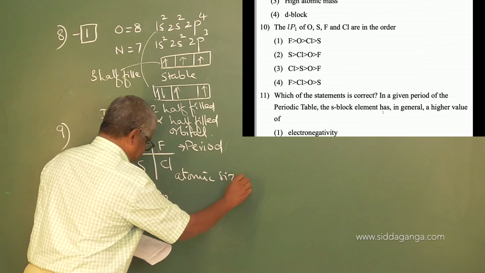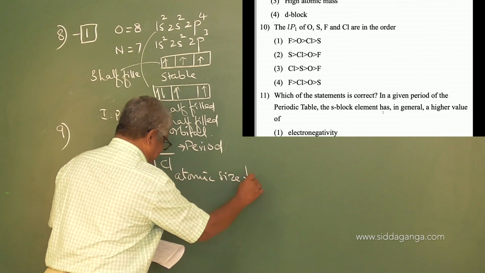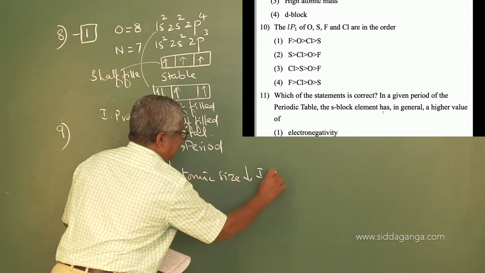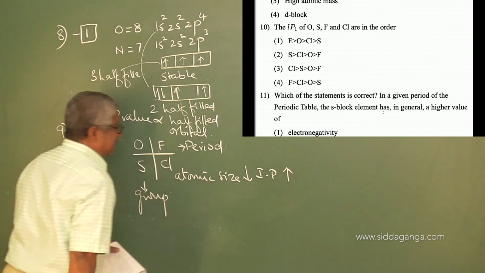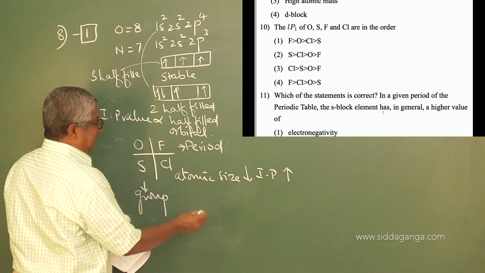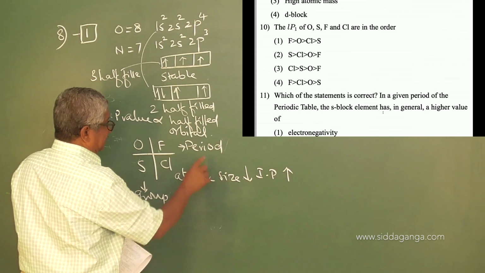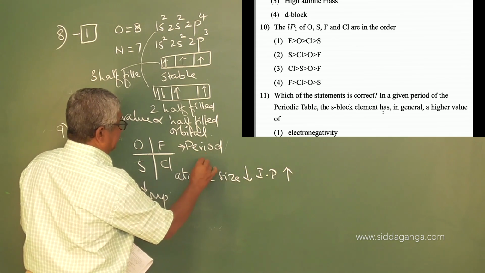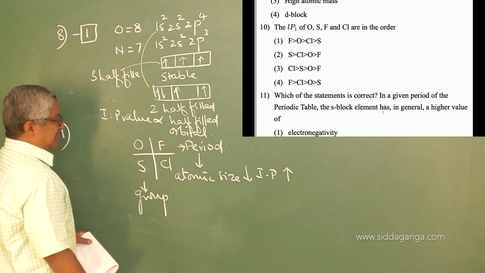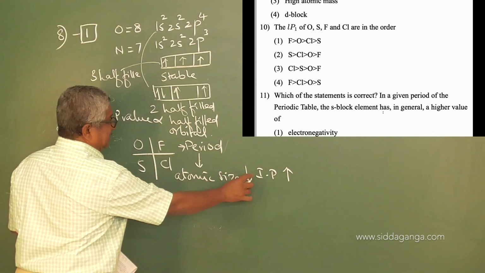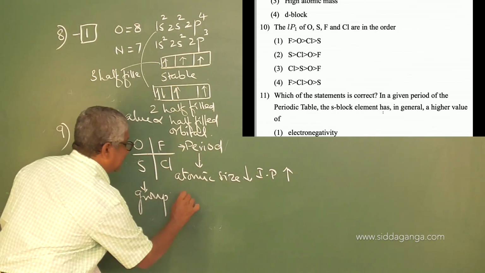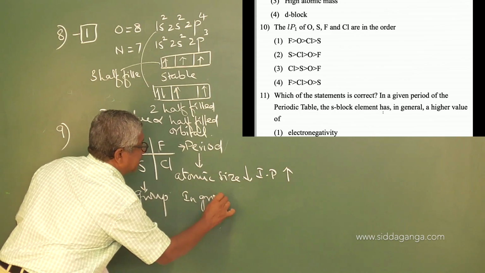So idan period nalli atomic size decreases, IP potential increases. Period nalli atomic size decreases. In period atomic size decreases, IP value increases. Then in group what happens?